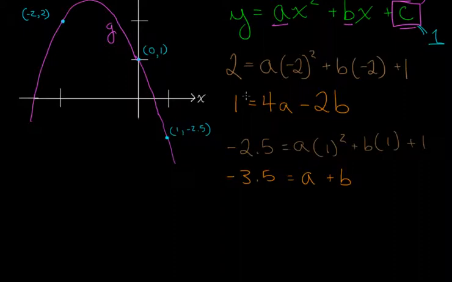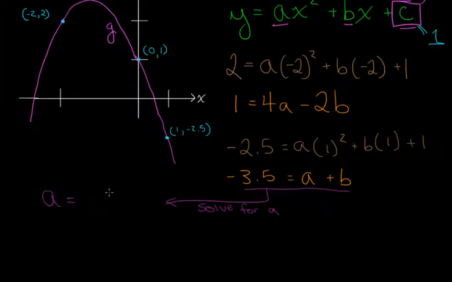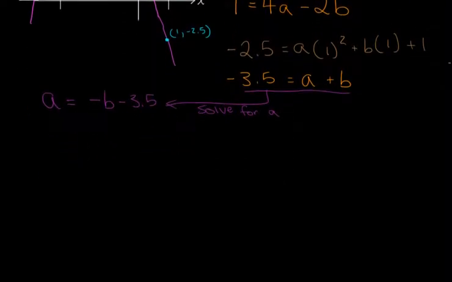I'm looking back at my work because I did this before the video, just to keep myself on track. I started by solving for a using this equation. That's easy: a is equal to negative b minus 3.5. Then I plugged it into the other equation.